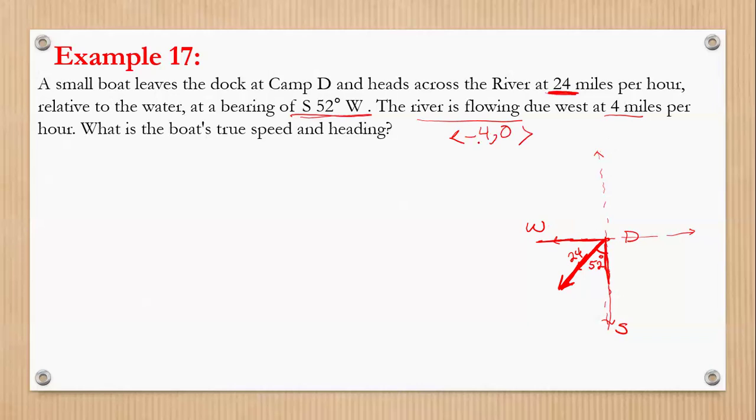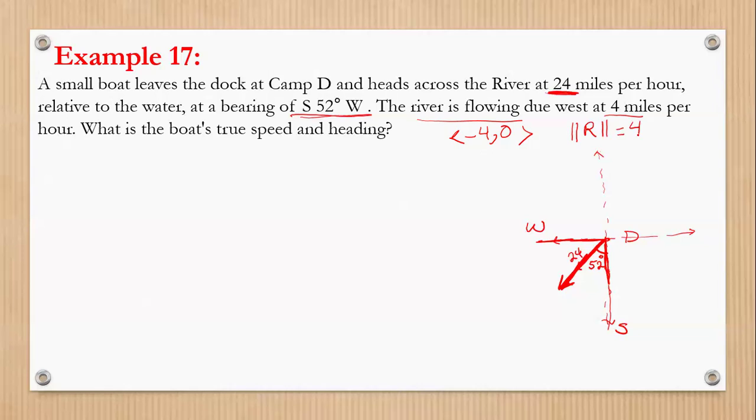It is -4 because the speed is 4 miles per hour to the west, and west we know is negative. And since it's going just west, not up or down, the y value must be 0. So the components of the river vector should be -4 and 0, and the magnitude, if I call it r, is 4.